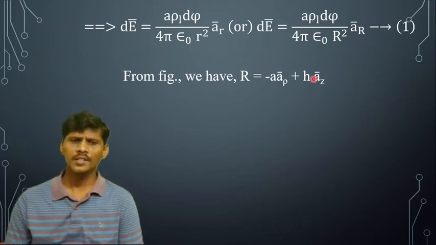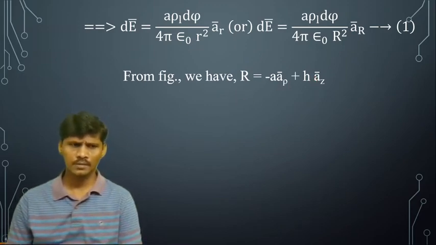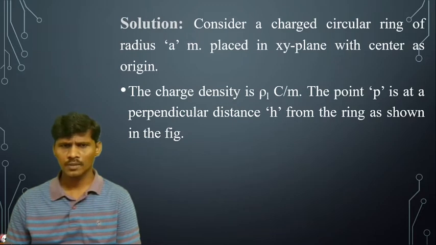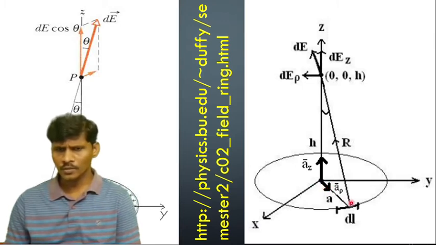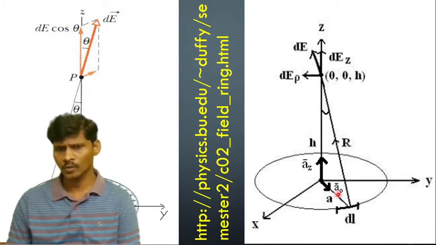And calculate the distance vector capital R bar from the figure. So what is the distance vector capital R bar from the figure? This distance is from the origin to this elementary length, the radius of the circular ring. This distance is a, and along this direction the unit vector is a rho bar. From the origin to the point P, the distance is h, and along this direction the unit vector is az bar.